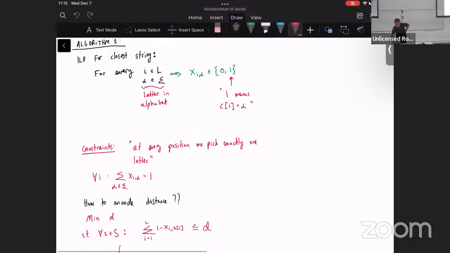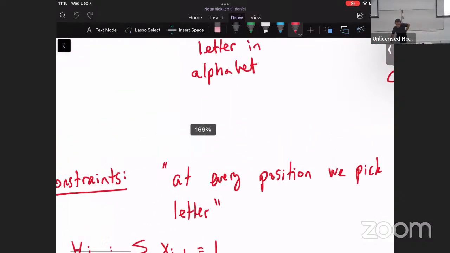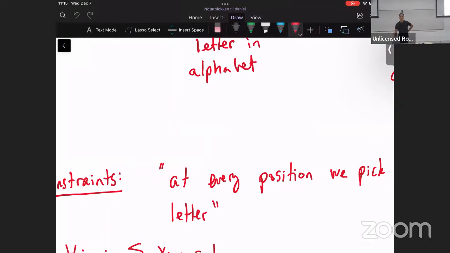Now, what should the constraints be? Well, at every position, we should pick a letter. And we should pick exactly one letter. So how do I encode this as a linear constraint?